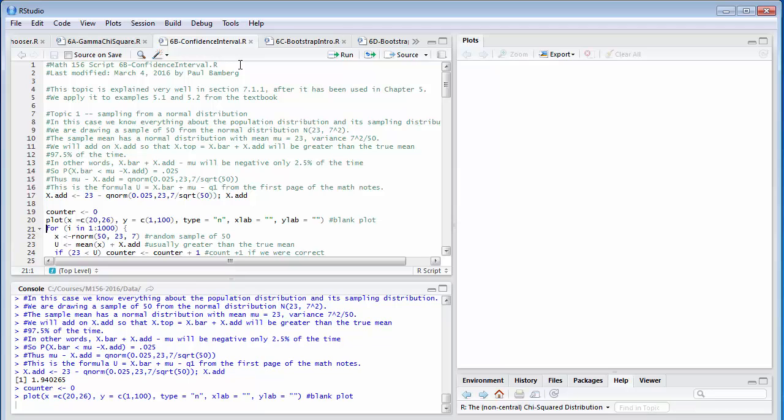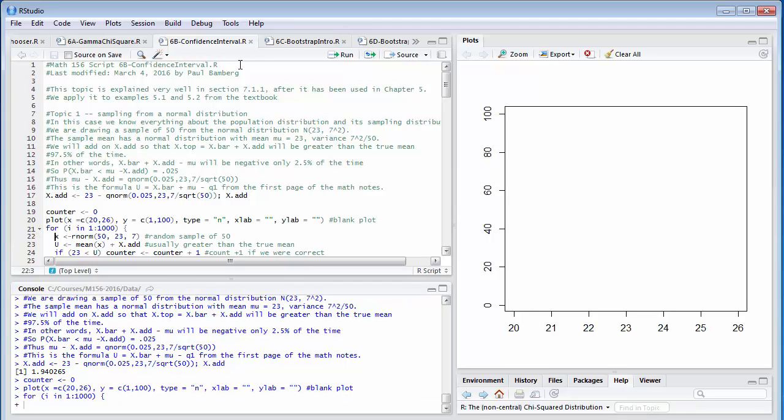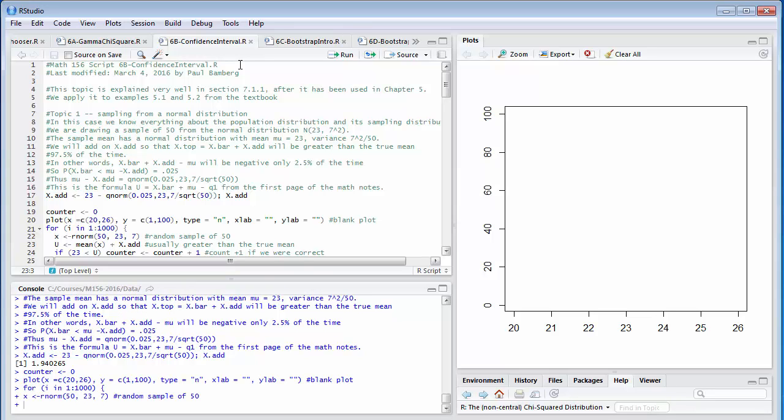Now, 1,000 times, let's make a plot where we draw our random sample of 50, compute the mean, and add on this quantity x add that we carefully calculated from our knowledge of the theory of the normal distribution, and we expect that most of the time u will be large enough that it's greater than the true mean.